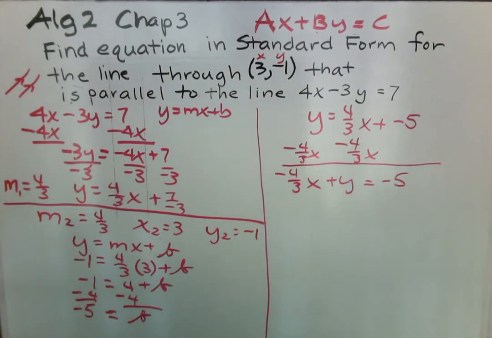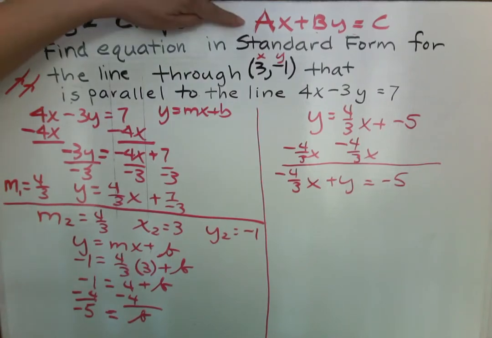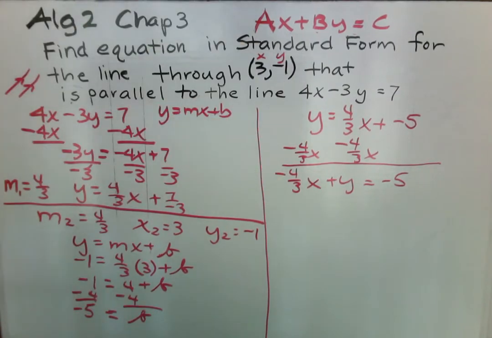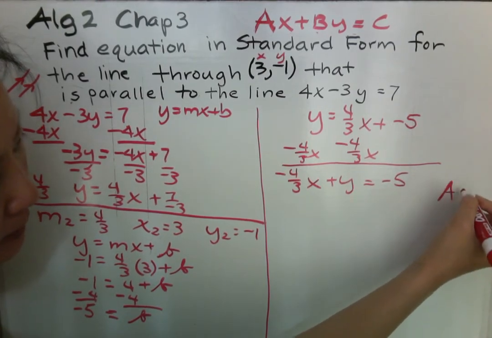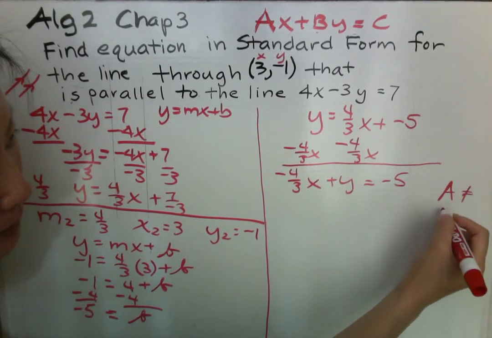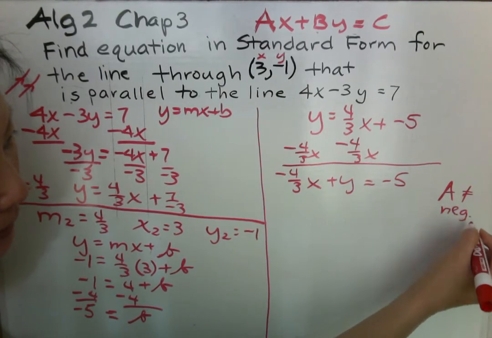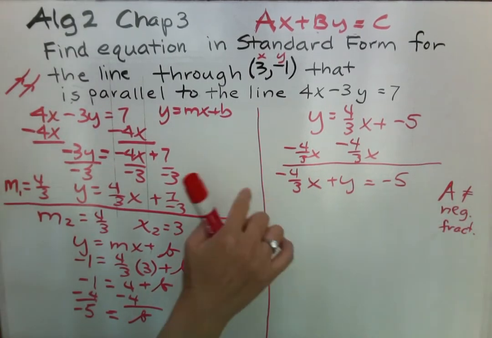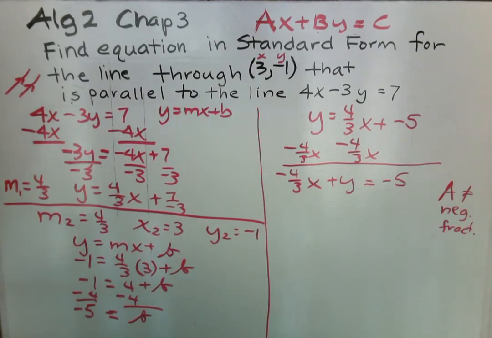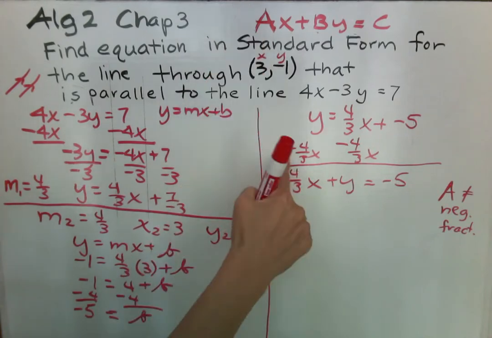Now we think we're done, but unfortunately there's this rule that tells us that the a in the standard form cannot be negative and it cannot be a fraction. Okay, so remember, the a cannot be negative and cannot be a fraction. Unfortunately, we have both a negative and a fraction for a, right here.